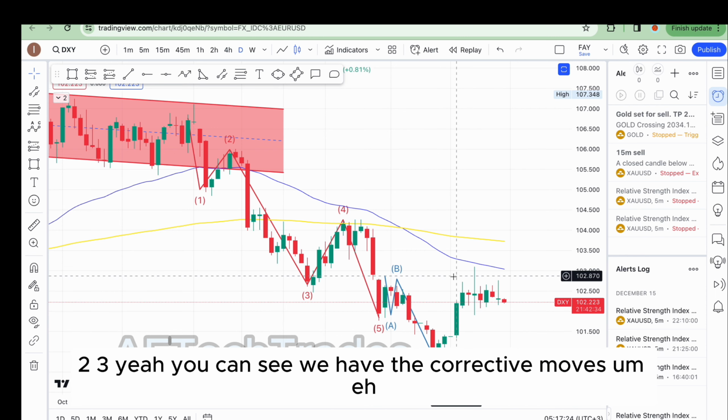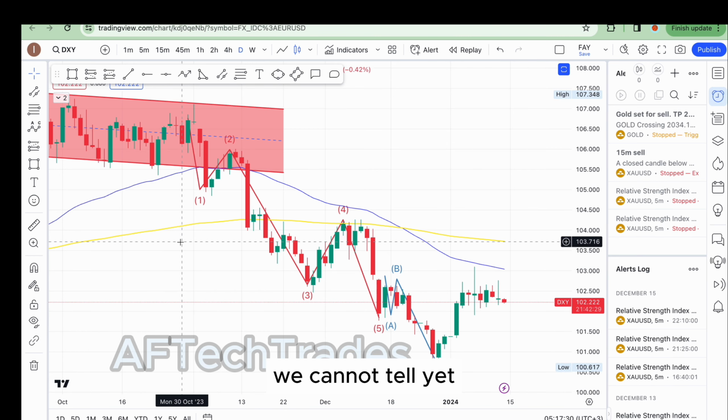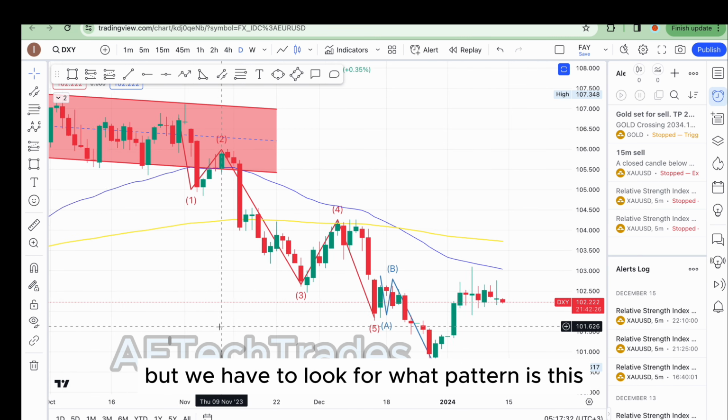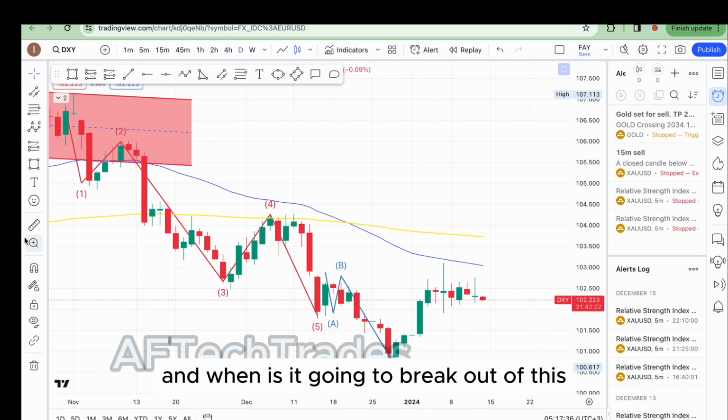Yeah, you can see we have the corrective moves, the consolidation happening here. We cannot tell yet, but we have to look for what pattern this is and when it is going to break out of this.